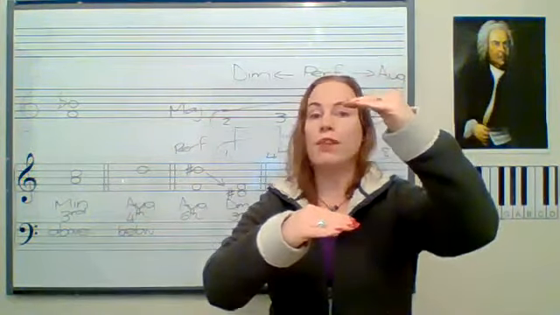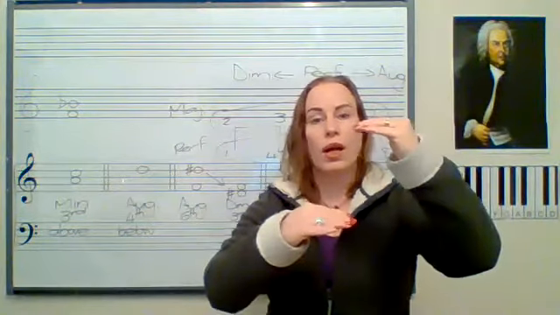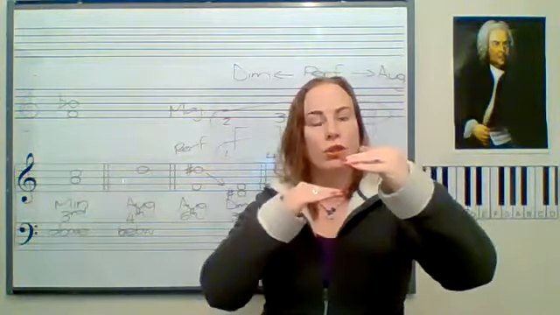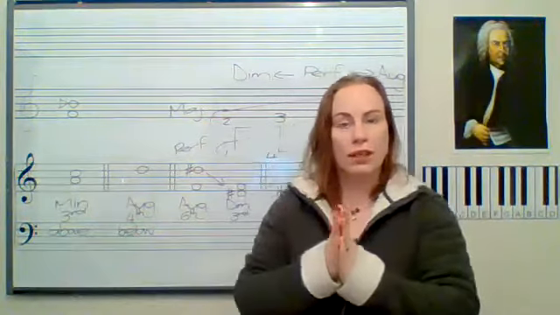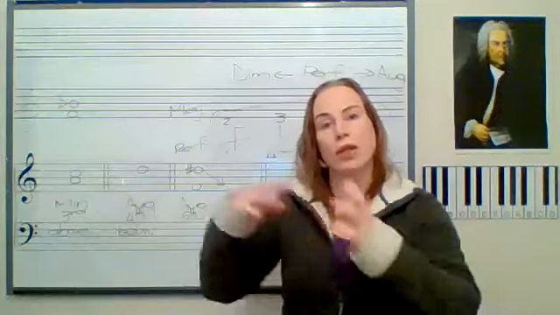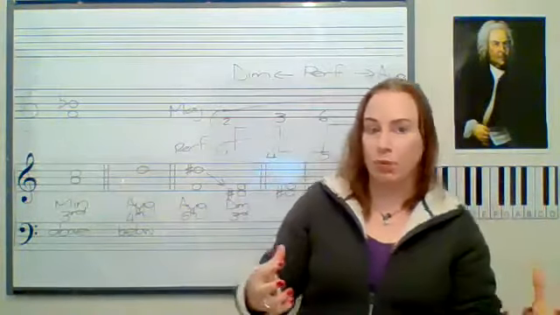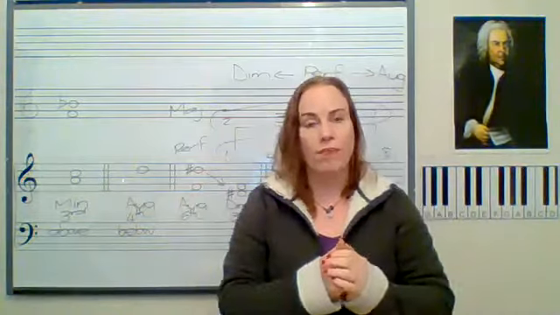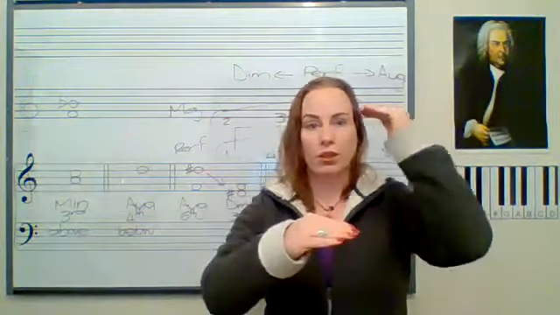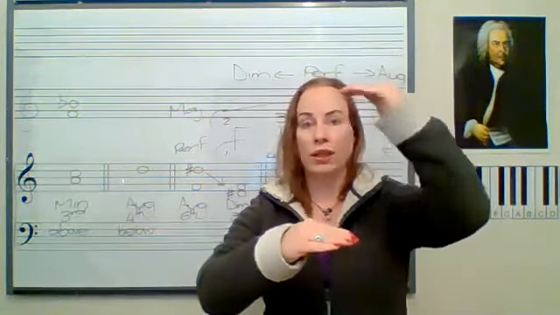So if the answer is no, let's start with yes. If the answer was yes, it means depending on which group of intervals it falls in, it's either going to be a perfect interval or it's going to be a major interval. But in this case, the answer is no. So A major does not have a C, it's got a C sharp.